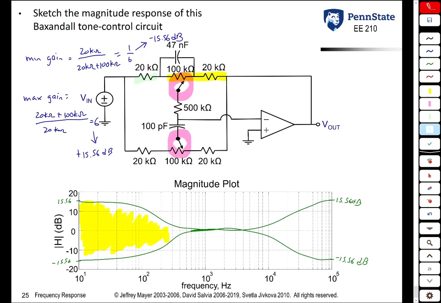And the pot on the bottom allows us to move this frequency response anywhere in this range. So we can boost both high and low frequencies, we can attenuate both, or we can boost one and attenuate the other. Or if we have all the pots in the middle, we can actually get a gain of 0 dB across the whole spectrum, looking something like that.